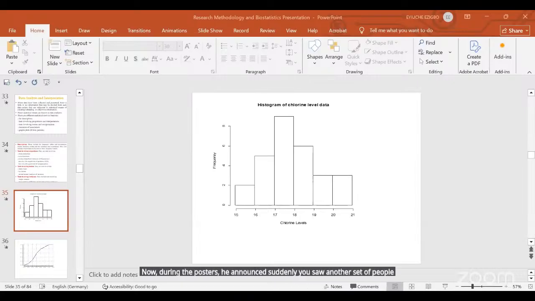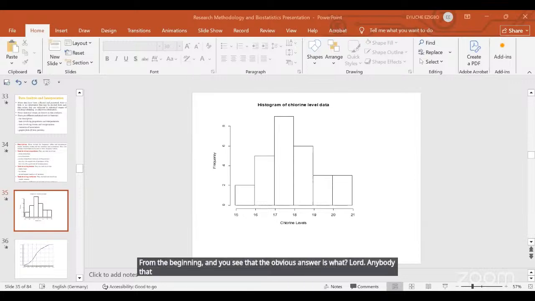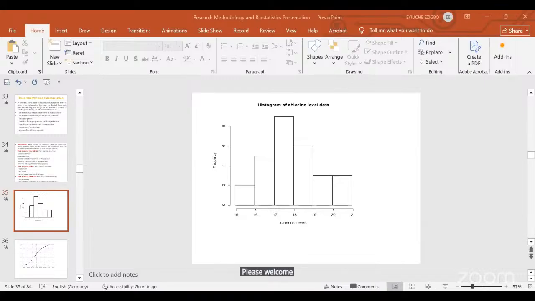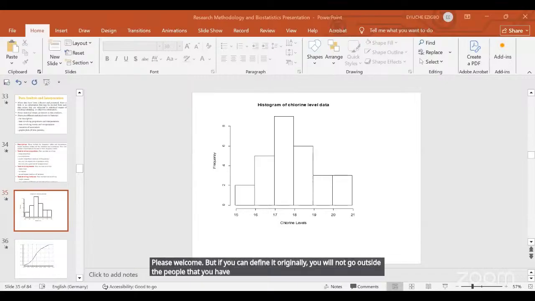Then the first question is, did you actually define your sample from the beginning? And you see that the obvious answer is no, anybody that comes is welcome. But if you have defined it originally, you will not go outside the people that you have tested before.